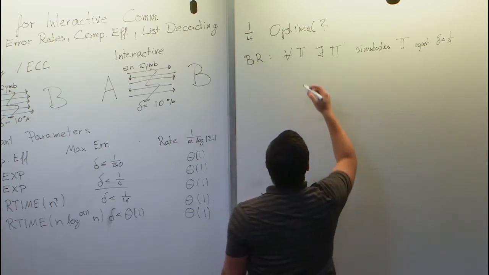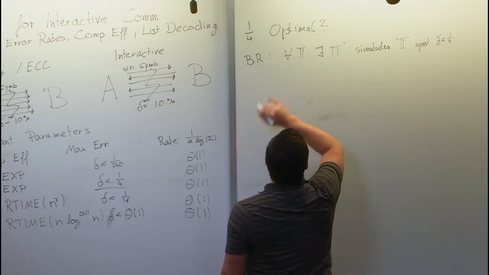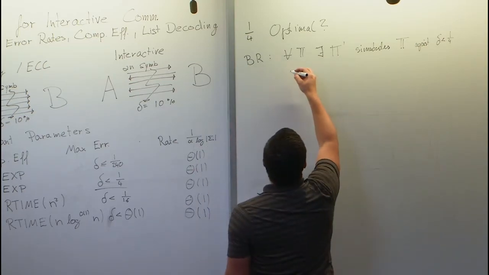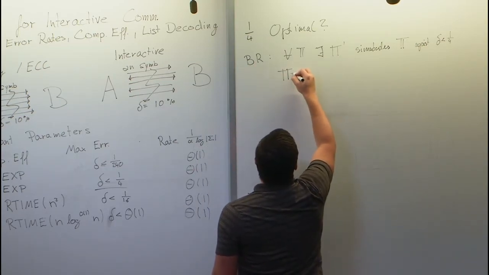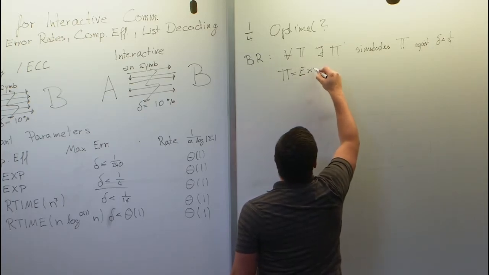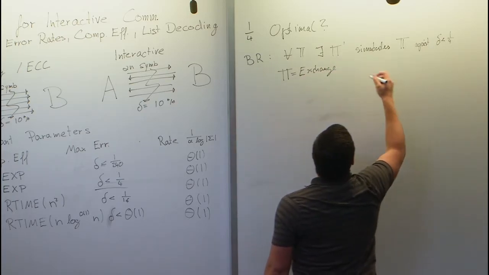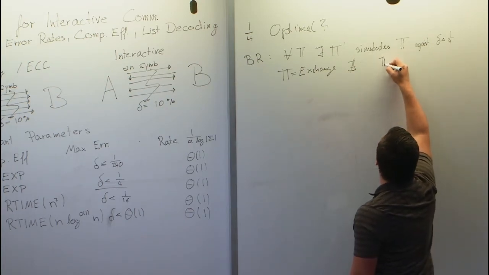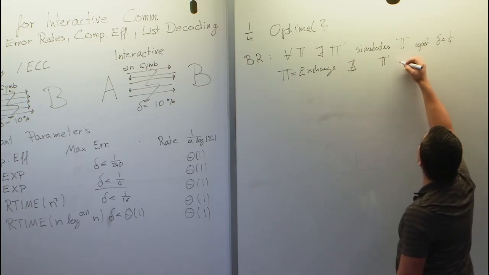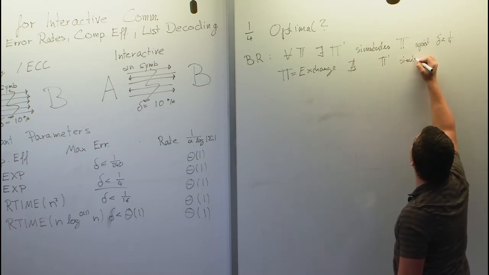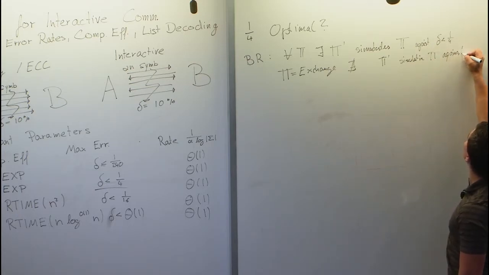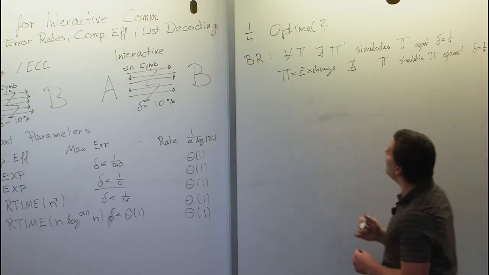And on the other hand, the claim was that if you look even at a very simple protocol, in particular pi equals exchange, I will say in a second what that is, then there does not exist a pi prime simulating pi against delta equals 1/4. Okay. So what is exchange?